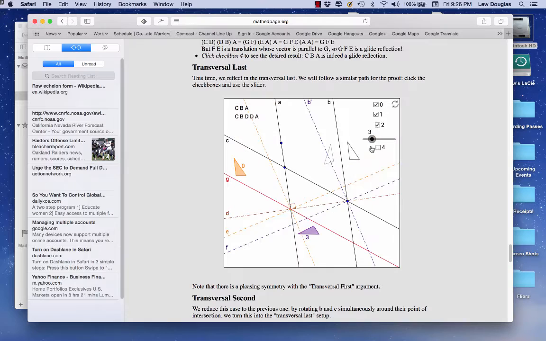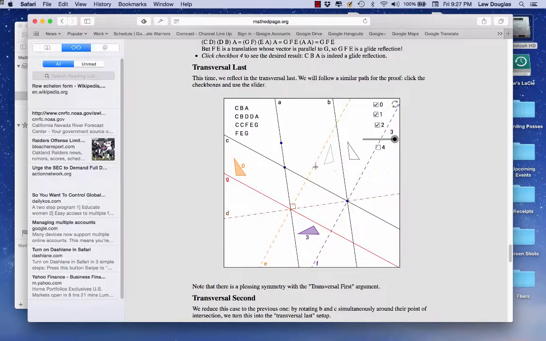Yes, that rotates A into G. We just rotate until that happens. That's the easiest way to say it.